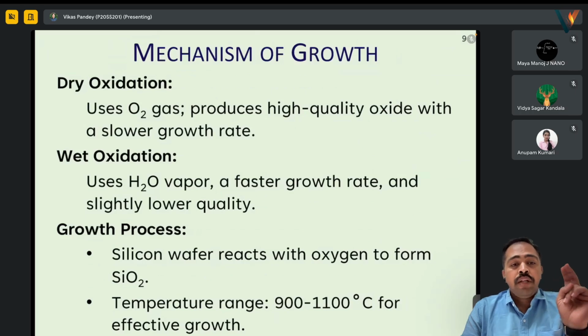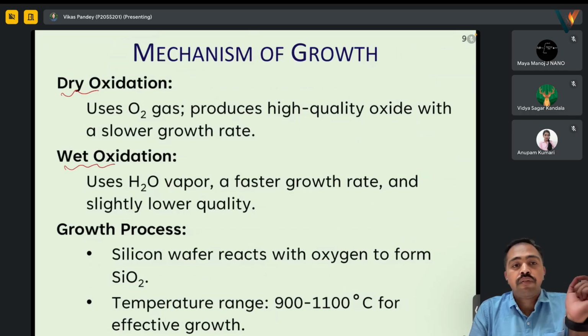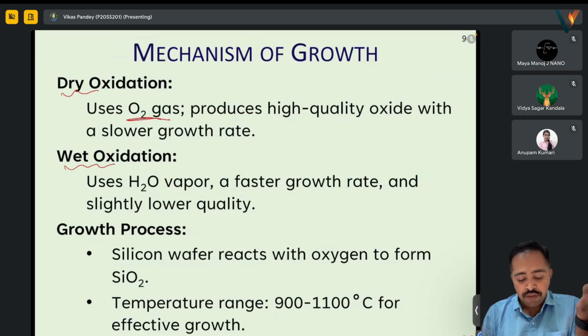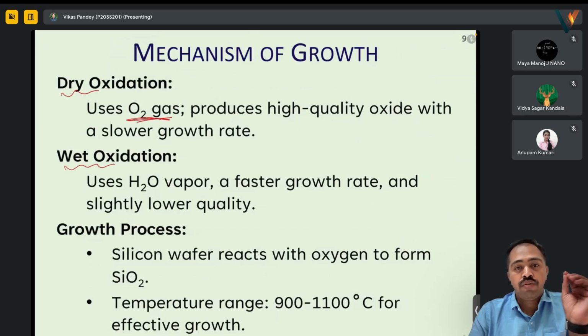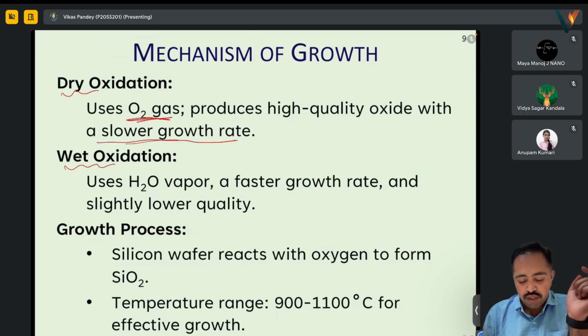There can be two ways in which this can be grown. One is dry oxidation, the other one is wet oxidation. In case of dry oxidation, oxygen gas is used, and this produces very high quality oxide but has a slower growth rate.